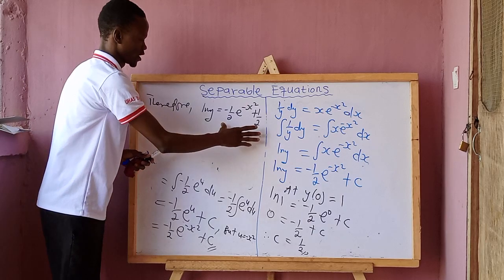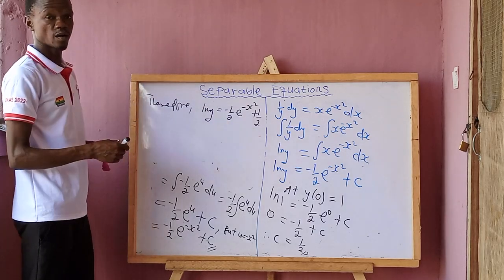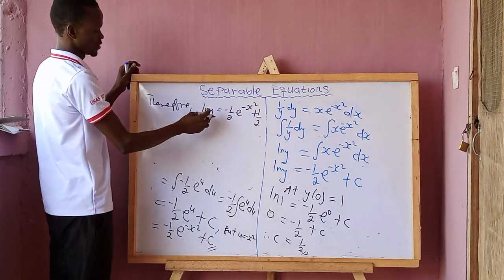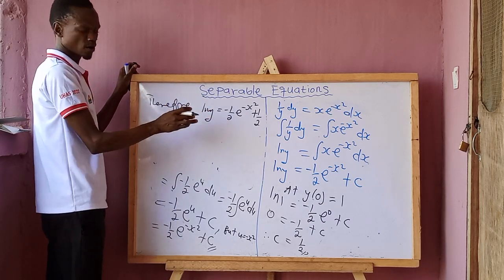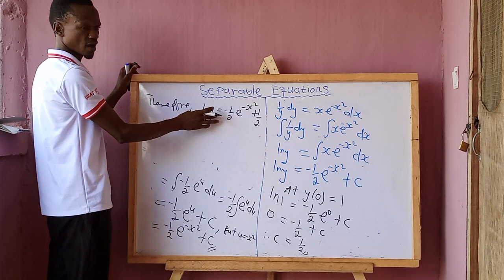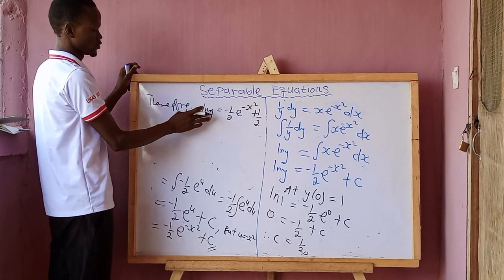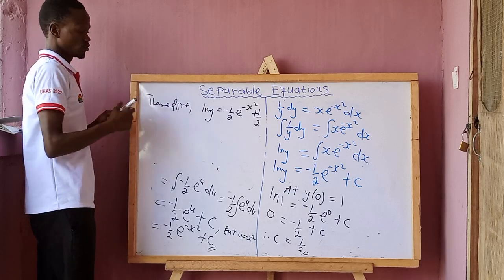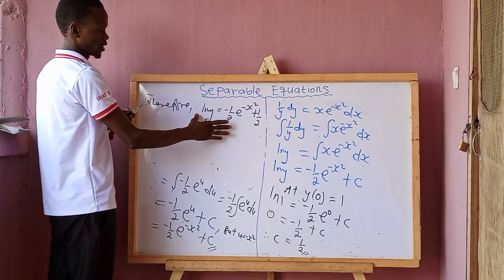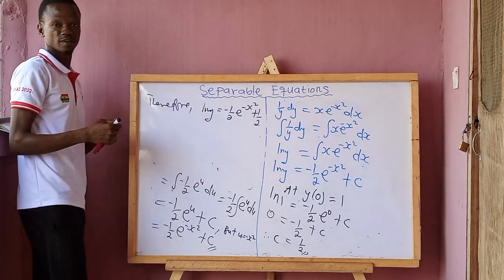Now from here you can equally use the other approach. That is by saying that, from the laws of logarithms, or by the definition of logarithms, you can write it in terms of y, where y is equal to the base, which is e, raised to the power of this. It is still the same thing, and that will give us the solution. Or we can also state the solution in terms of ln y.